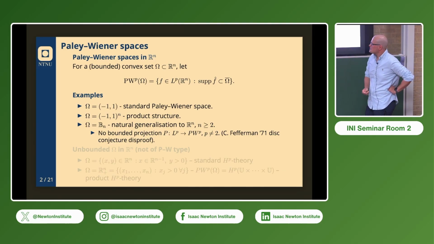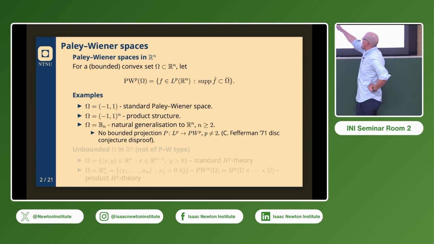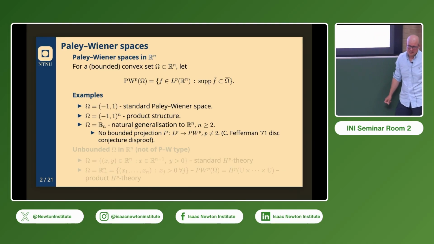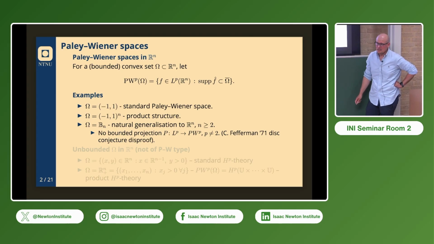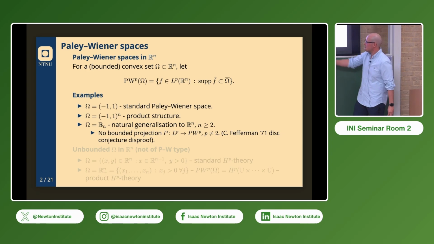I'll have more to say about that later, and you can easily upgrade that to say that there's no bounded projection whatsoever from L^p to the Paley Wiener space for p not equal to 2. Maybe you can still interpolate in that scale of spaces, but I don't know how, so that's not a tool that's available in that setting.